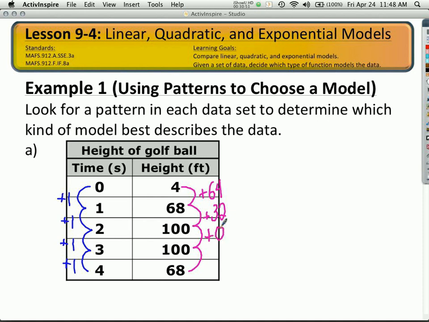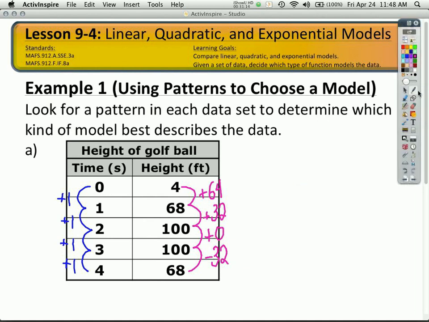Adding 0. And then what about from 100 to 68? What's happening there? Deja? Oh, now we're subtracting 32. So that's not constant. That's not constant, but now we need to check the second differences. So that's not linear. This is not a linear model.